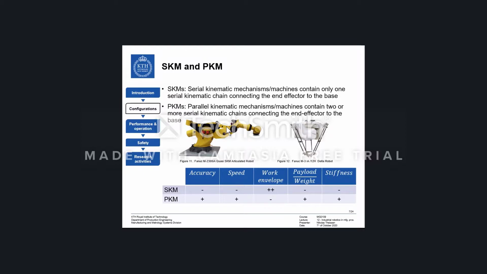So this is a kinematic parallelogram that is connected to the gravity compensator in order to compensate for the huge masses of the manipulator itself. But this part is actually not being actuated, while only this lower part is actuated. On the Delta robot, you would actually find that all of these are being actuated.